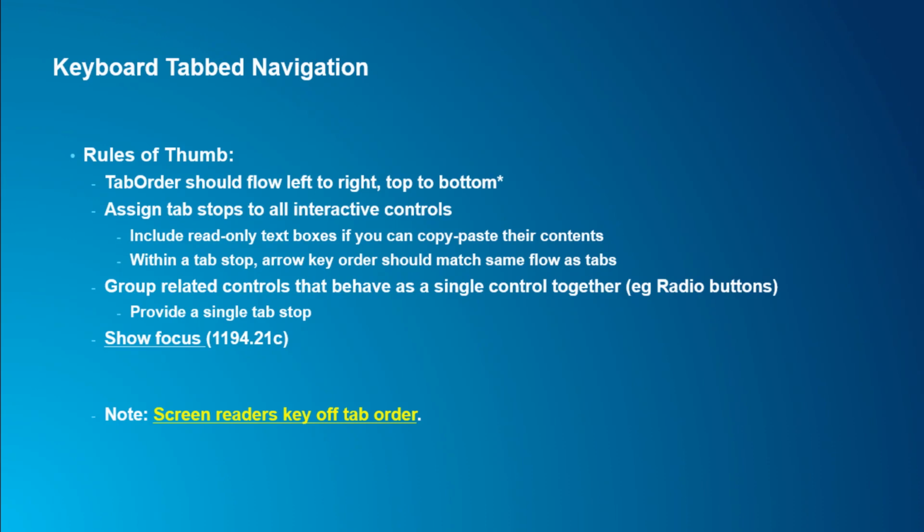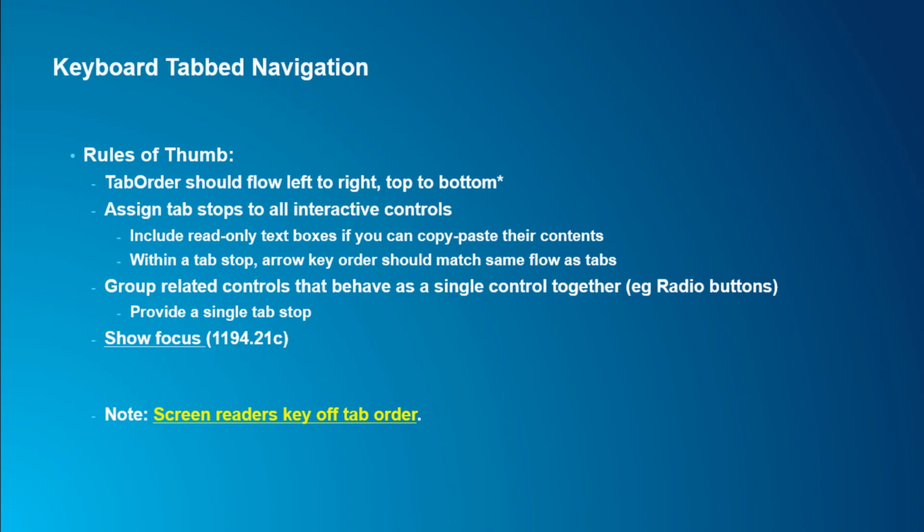Group related controls that behave as a single control together. Okay, the canonical example is radio buttons, and they should act as a single tab stop. And most important, and this is a requirement, you have to show focus. You have to provide visual feedback for where you are as you tab, okay? That's required.